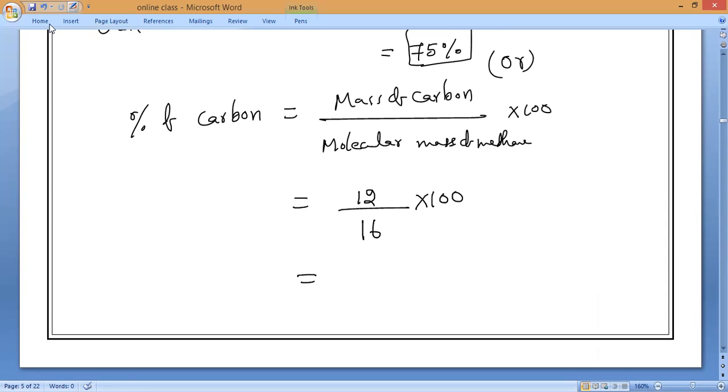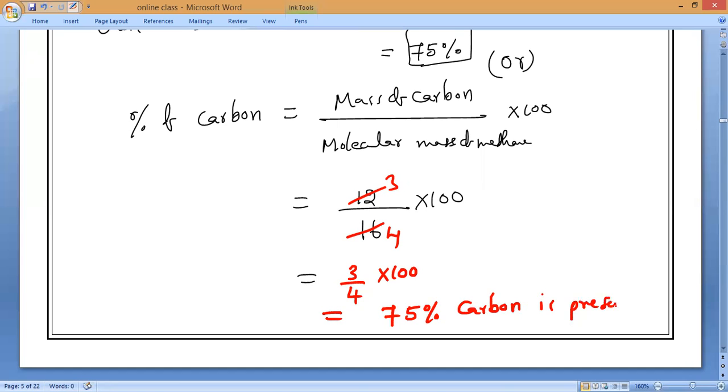So you can solve, please. Everybody solve. How much will it come? So 3 by 4, 3 by 4 into 100. If we do this one, how much will it come, guys? 75%. 75% carbon is present in methane. Is it yes or no, guys?